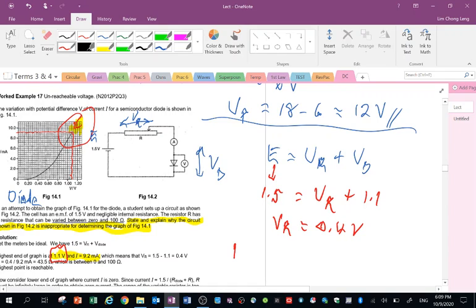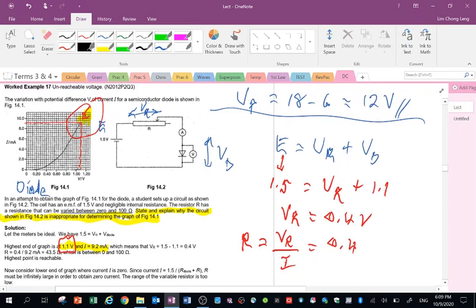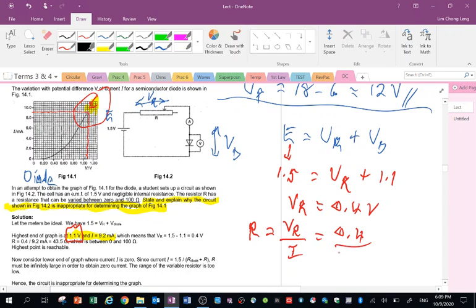Now, is it possible to calculate the resistance of VR? Yes, resistance of VR, in fact it's R, resistance of the resistor. So I have PD VR divided by the current, which is 0.4 divided by the current. Current is 9.2 milliampere, right?